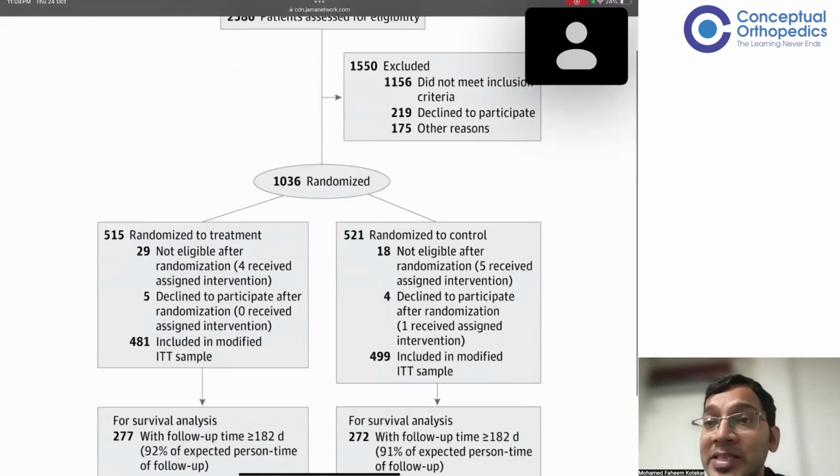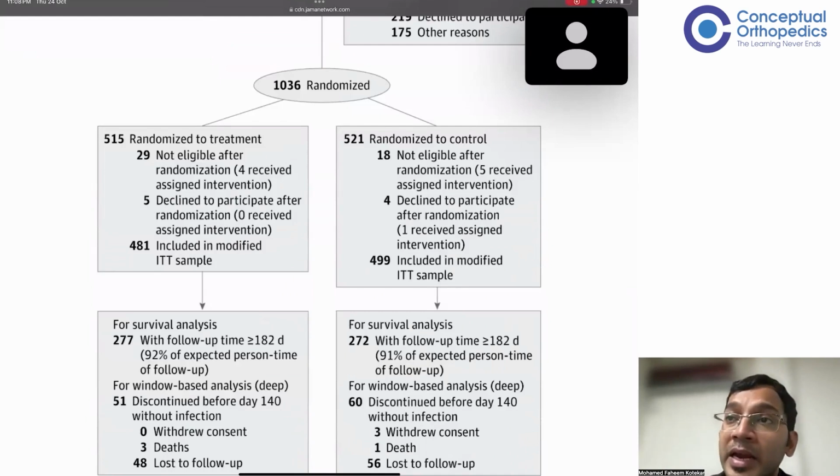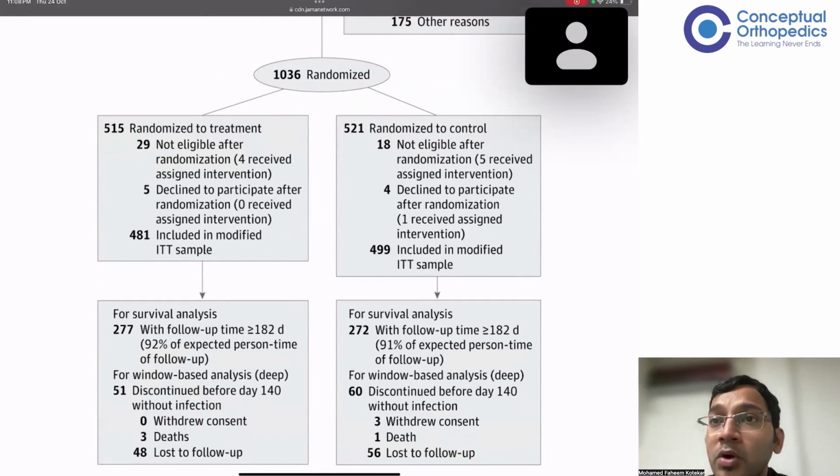Out of the remaining 1036, they randomized into 2 groups, whether they got vancomycin or not. Okay, then out of these, they realized that there was some crossovers.